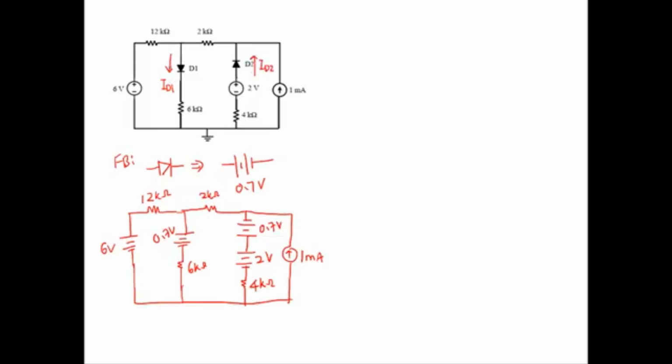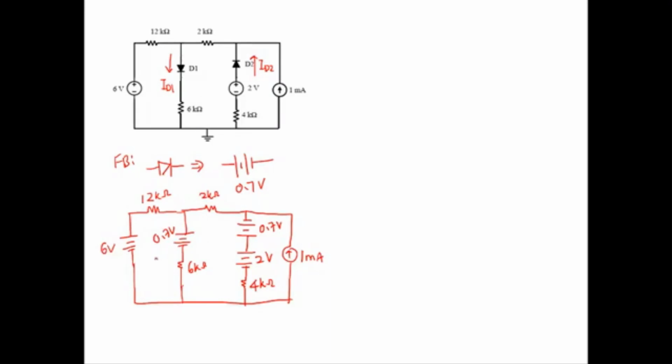Take note that I draw the direction of ID1 as if the diode is in forward bias, which is the on condition. Same goes with ID2. In our analysis, we want to see whether ID1 is positive or negative. If positive, it follows the drawn direction. If negative, it is opposite of the direction.